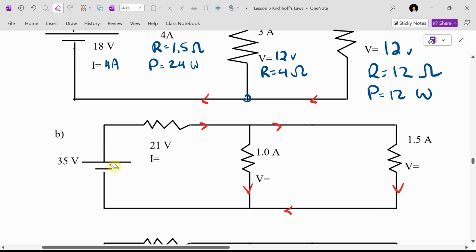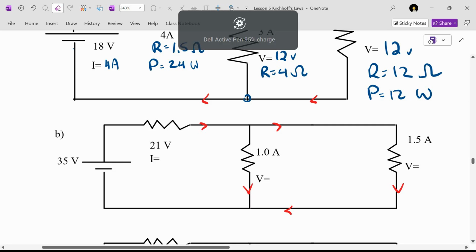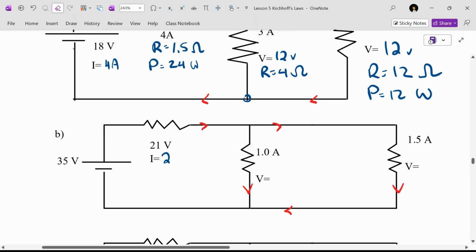The only way that works is if I had 2.5 coming in. Current is always what we try and find first. How many amps went this way? Yep, 1. How many amps went this way? I got all the currents that I need.